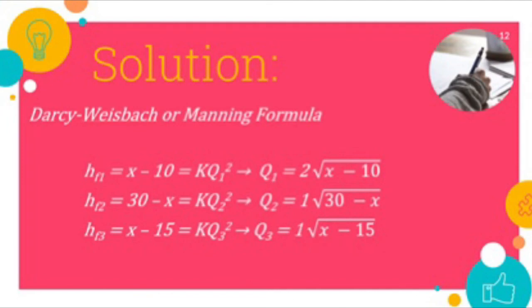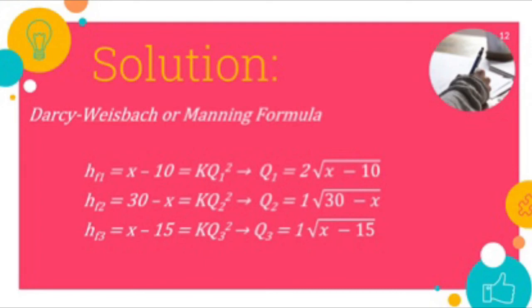In using the Darcy-Weisbach or Manning formula, head loss varies with flow rate. Head loss is equal to minor loss times flow rate. Head loss is now equal to X. X is equal to minor loss times flow rate.